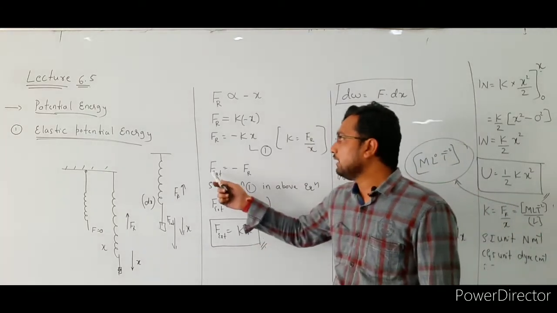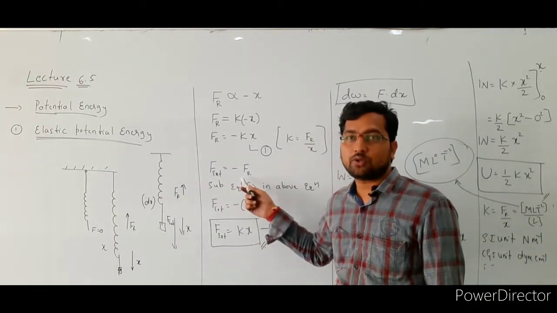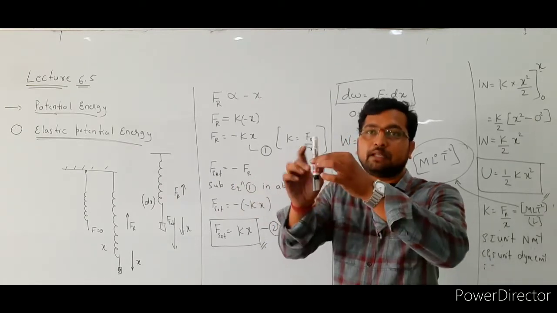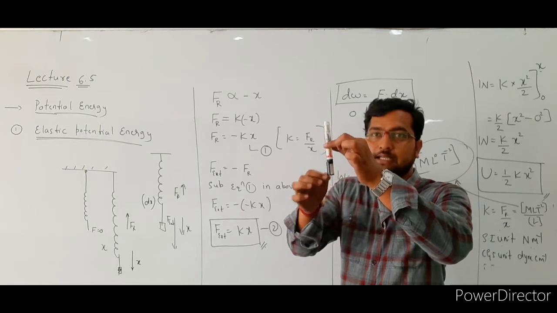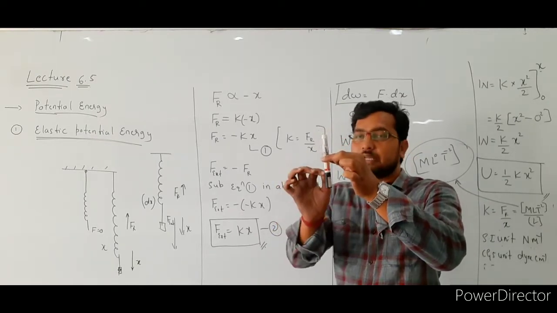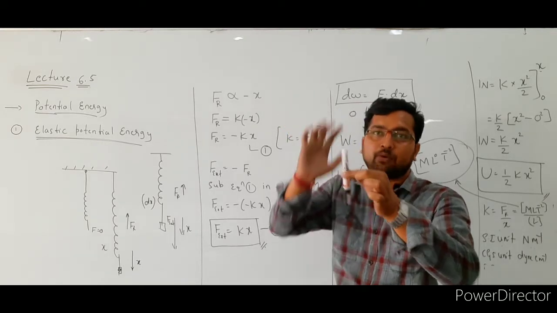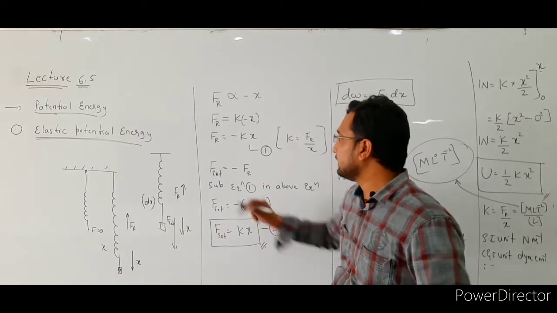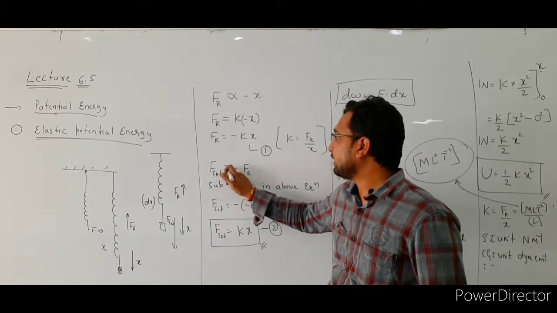Next, here the external force is equal to the restoring force but in the opposite direction. For example, this is a spring, the external force is acting in this direction, the length of the spring is also changed in this direction, but the restoring force is acting in the upward direction. So the external force is equal to minus of the restoring force.